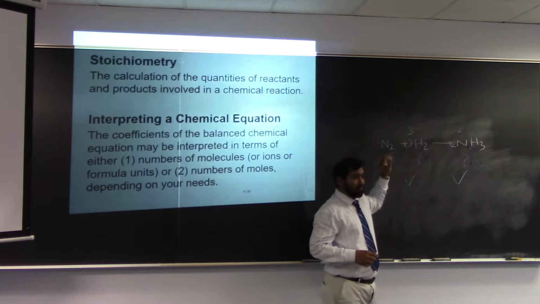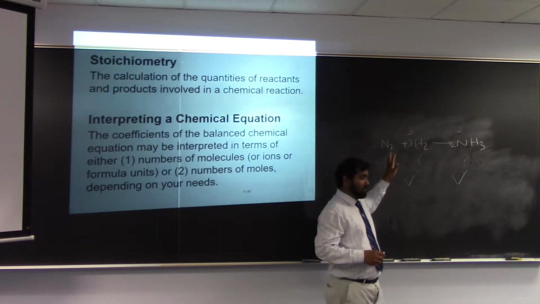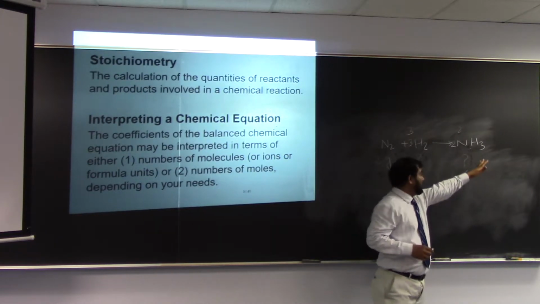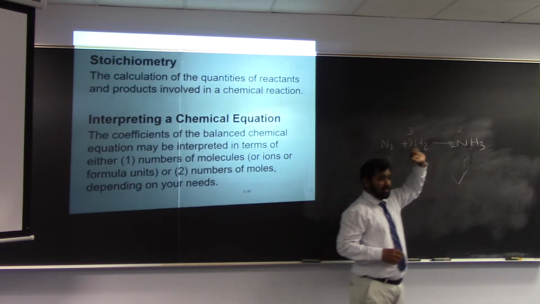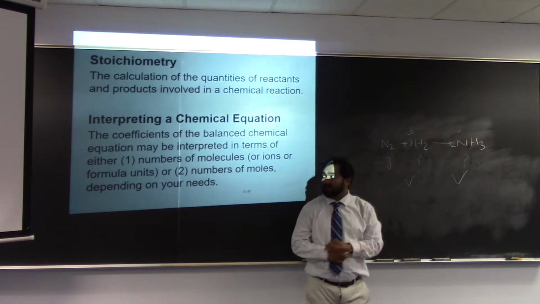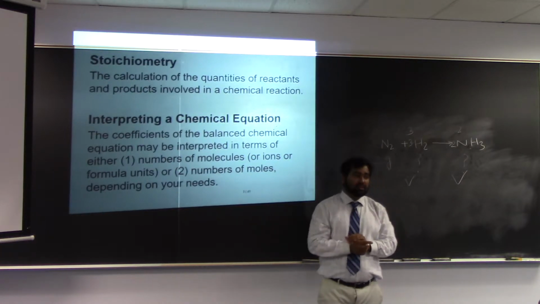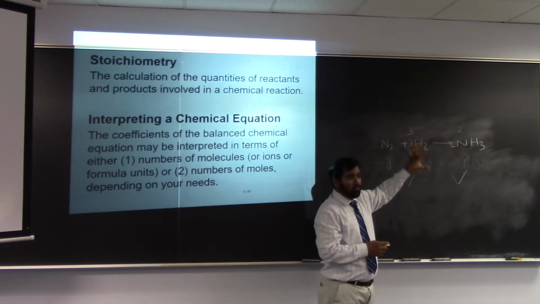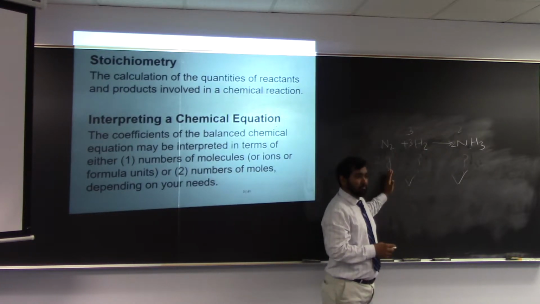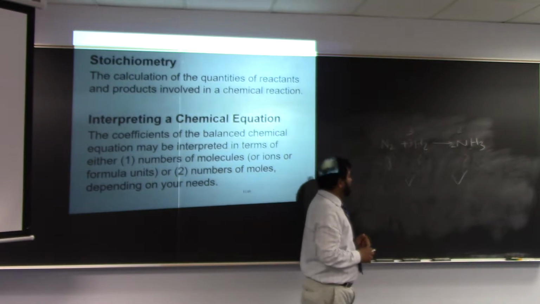Either one you can calculate if you know one of them. You'll be able to calculate the amount of product in a mole, in a gram, either one, right? That's the stoichiometry. You'll be able to calculate from a balanced chemical equation whatever you need if you know one of them. So let's try to solve one.